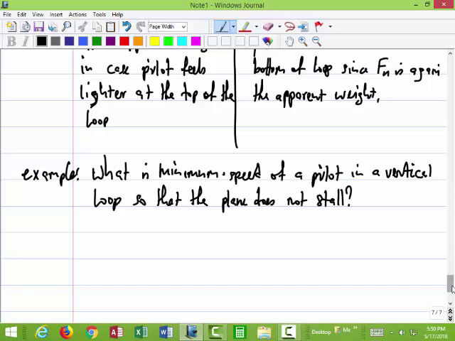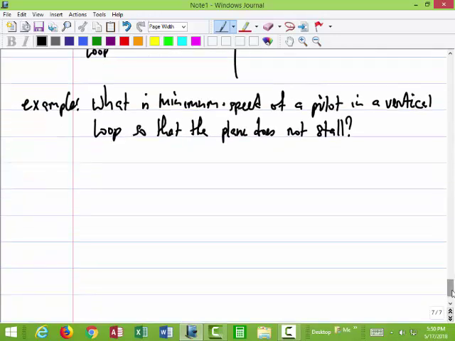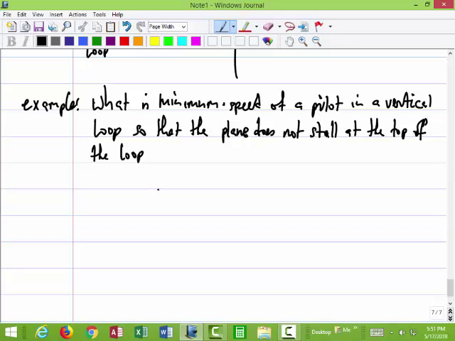To avoid stalling, we need the plane to continue moving at a certain minimum speed throughout its entire motion. At the top of the loop, the plane does not stall.